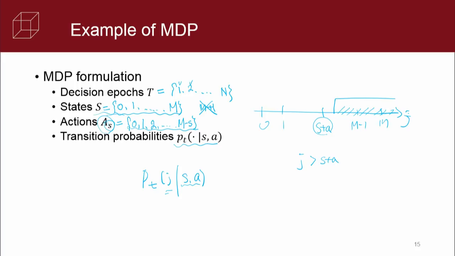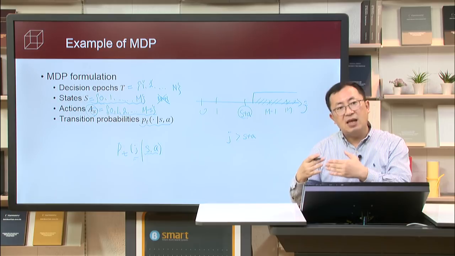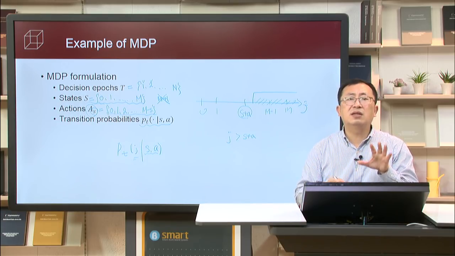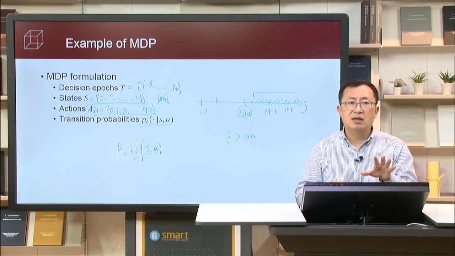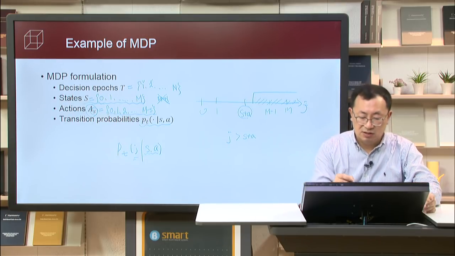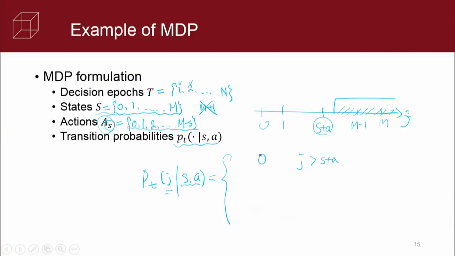After the manager received the new order, the total number of units on hand becomes s plus a, as you know. So the number of units at the beginning of the next month cannot be larger than s plus a. So the corresponding transition probability becomes 0 if j is strictly greater than s plus a. So this conditional probability is 0.